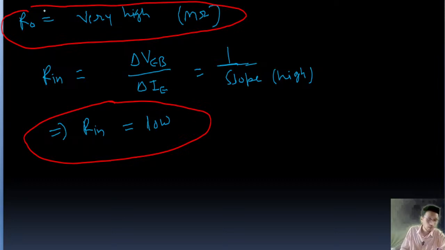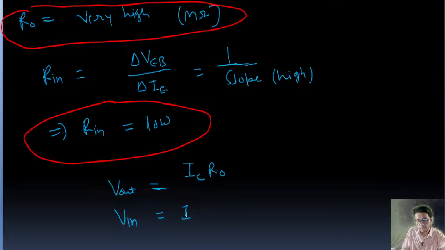And now we can find V output. V output is going to be IC into R output, and similarly V input is going to be IC into R input, and IC is very less.